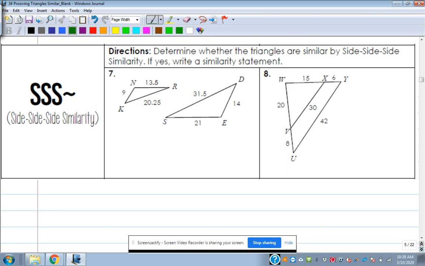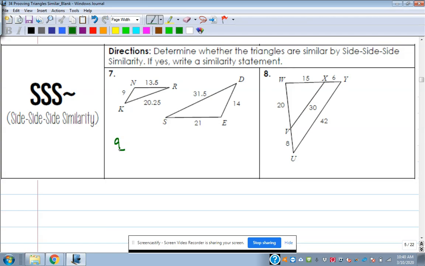All right, so try to use some side stuff here. They give us enough information about the sides that we should be able to determine if these are similar by side. So let's set up our ratios. What's the side NK, what does it correspond to?